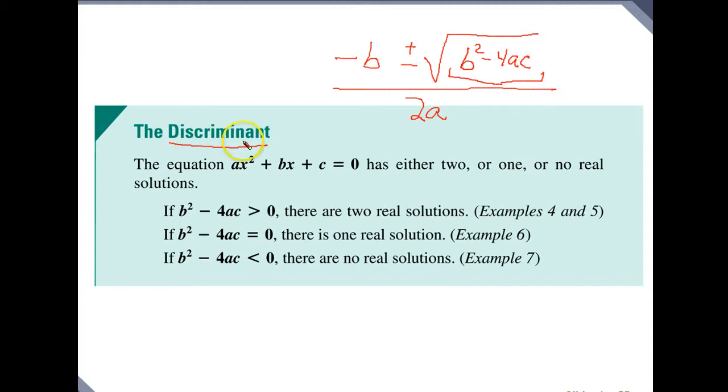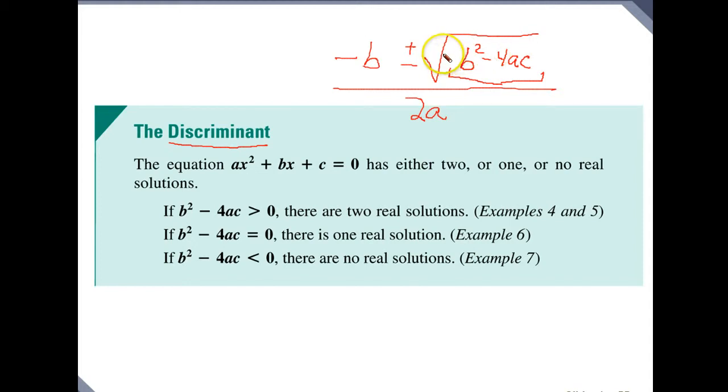Now the discriminant determines what kind of answers you're going to have when you use the quadratic formula. For instance, if this is 0, then you're only going to get one real solution.